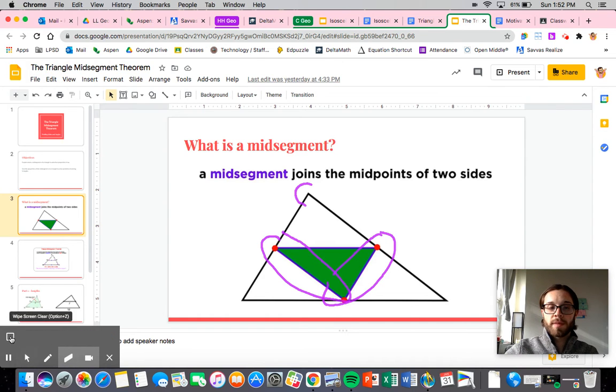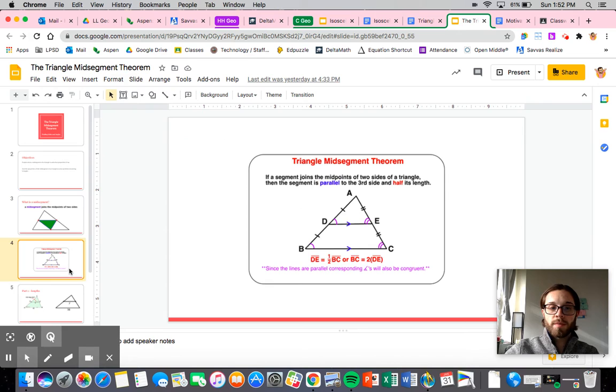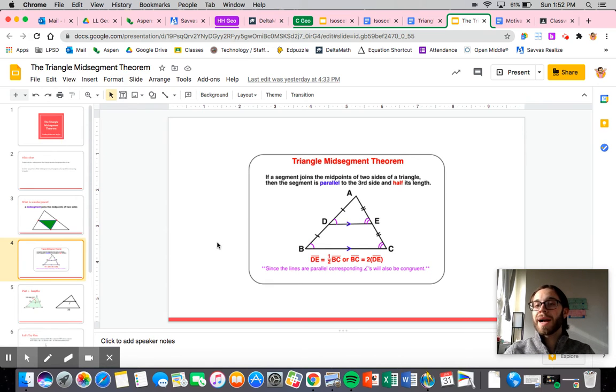So determining which side's not included in the creation of the midsegment is going to be very important for us later on. Let's talk a little bit about the triangle midsegment theorem. If we have a segment that joins the midpoints of two sides of a triangle, a midsegment, well, what can we say? The midsegment is parallel to the third side.